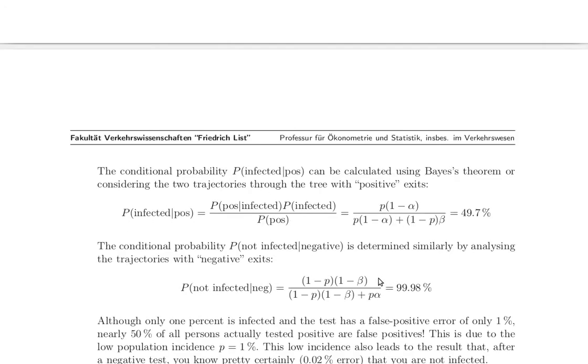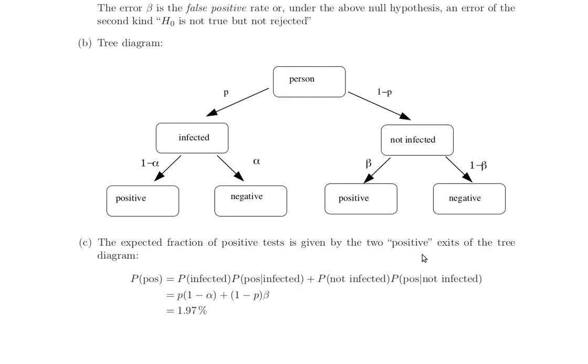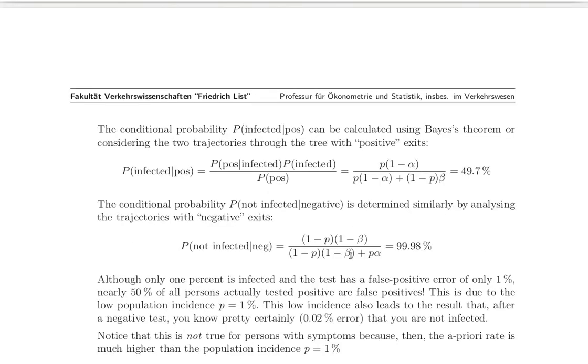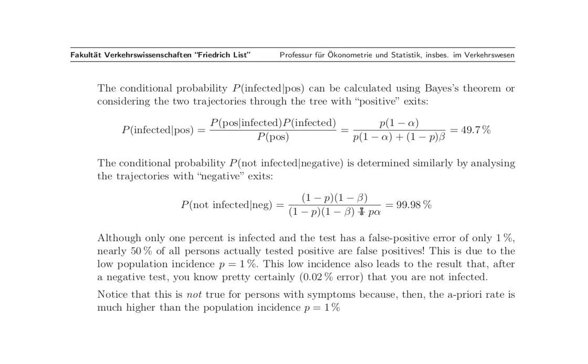And the denominator is the same branch plus the other branch, which is p times alpha. And if you insert the numbers, you get 99.98%. That means if you have a negative test, you can be pretty sure that you do not have COVID-19, because your chance of having it has been reduced from 1% to 0.02%.